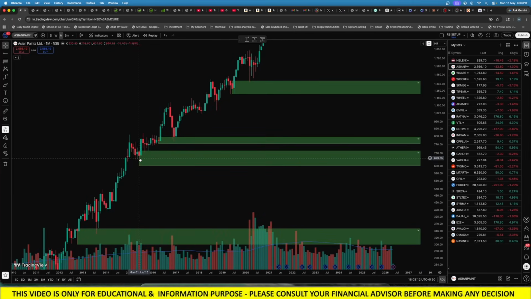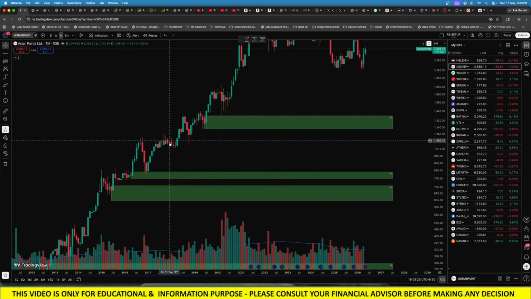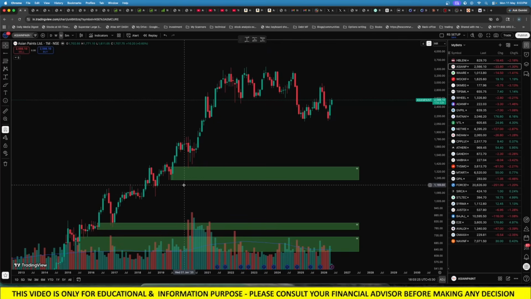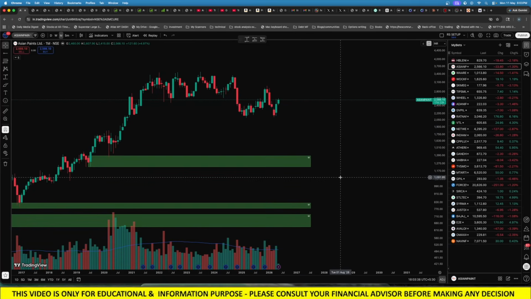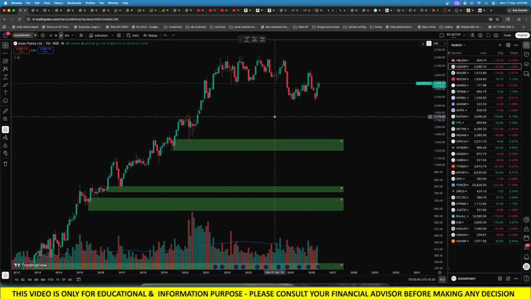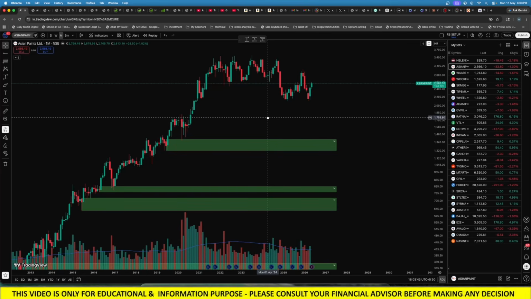Same way here, it detected a demand zone, price came inside the demand zone, and the price went up. Again it created a demand zone here, price came back to this demand zone, and went up again. And here also in July 2019, the demand zone is created, price came back in March, April, and the price went up again. So this is how this code works for the detection of demand zones.